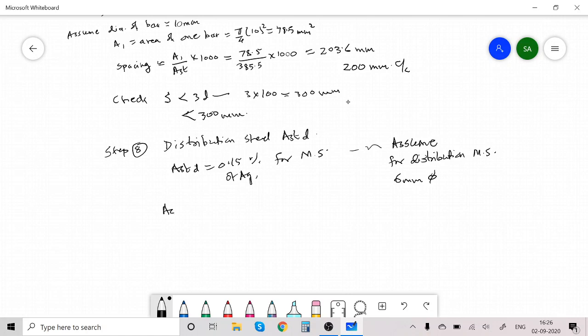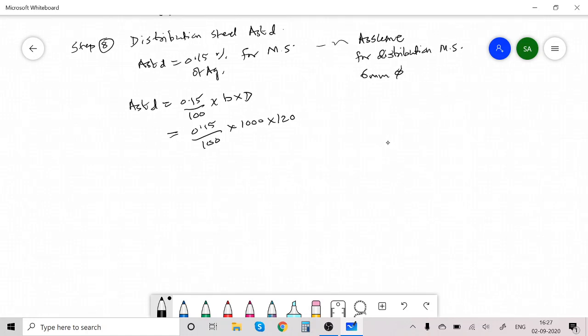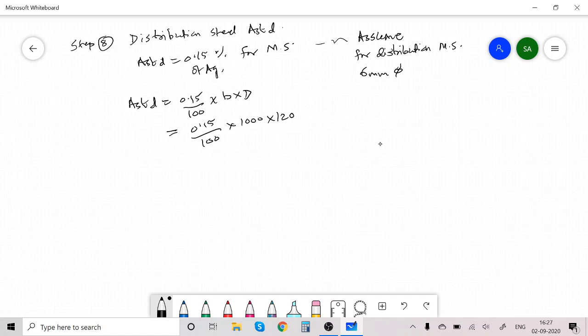You can assume TOR steel also, but in that case you will have to take Ast D as 0.12% of A gross. So 0.15% of A gross, b into capital D. So 0.15 divided by 100 into 1000 into 120. Remember here we consider overall depth because we are considering the gross area.